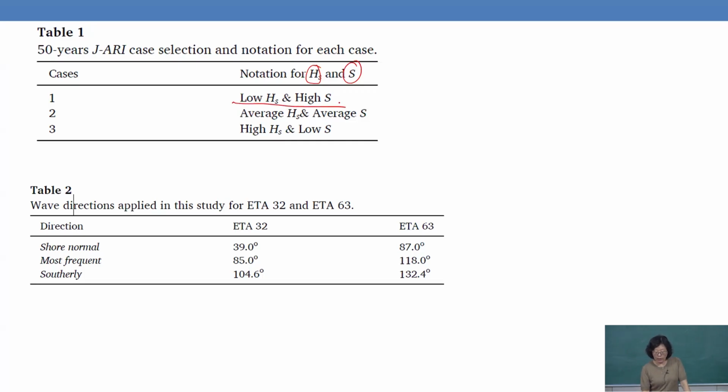So one is a low significant wave height but a high storm surge, and average, and high and low. So we had those cases for our analysis.